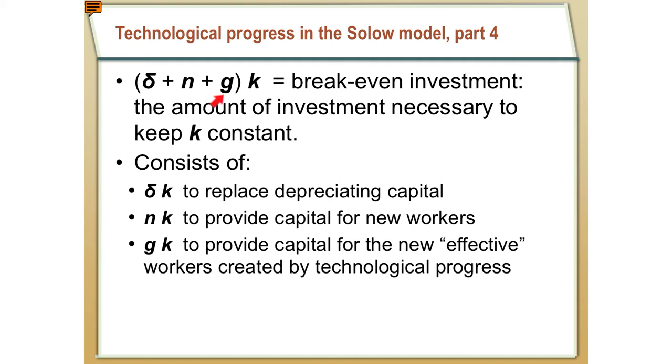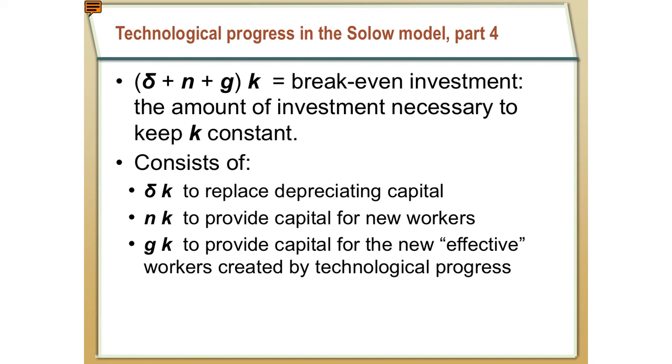So g might be 0.02, n might be 0.01, and delta might be 0.04, something along those lines. Might be typical numbers. So break-even investment is delta plus n plus g, times k.